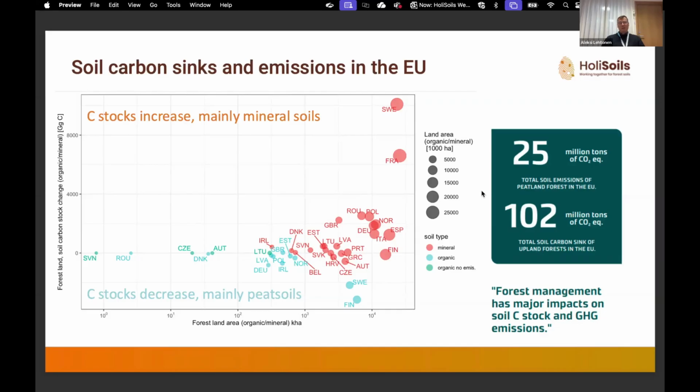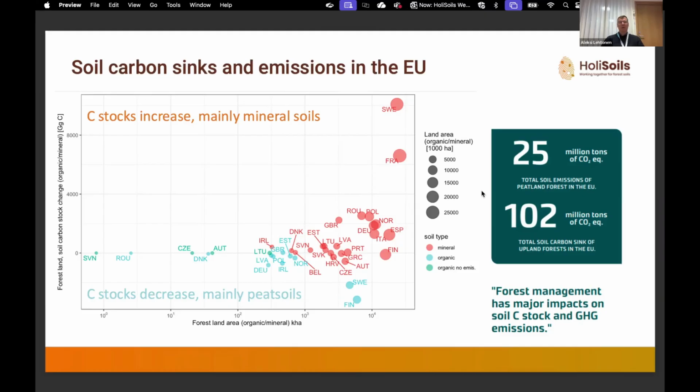And then about the emissions and sinks, this figure shows mineral soils and peat soils, emissions and sinks in forest lands. If you are above the zero line, it means that it is a sink, and the carbon stock is increasing.